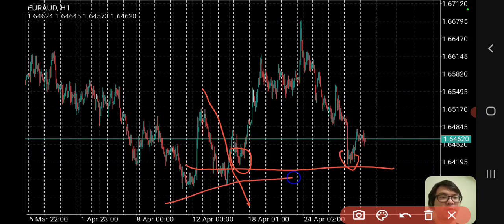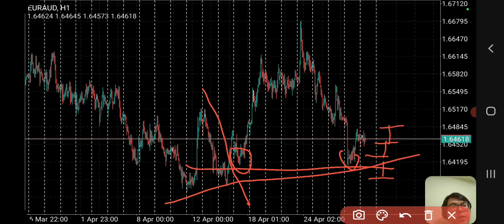Then combined with a trend line right here. So I entered right here, stop right below. Here's my entry, my stop, and then my 1 to 1 and 1 to 2 target. Actually this one hit my 1 to 2, so it's a pretty good trade this morning.